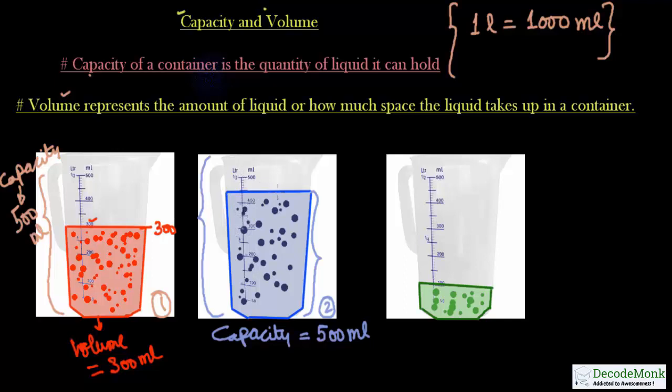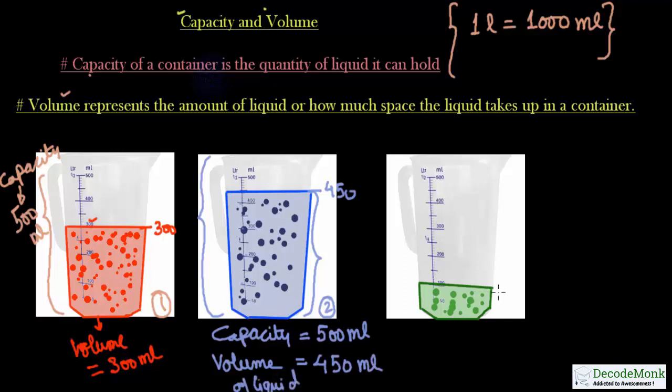And the beaker is filled halfway between 400 and 500. Therefore, this mark comes around 450. So the volume of the liquid, the blue liquid inside the beaker is 450 milliliters.